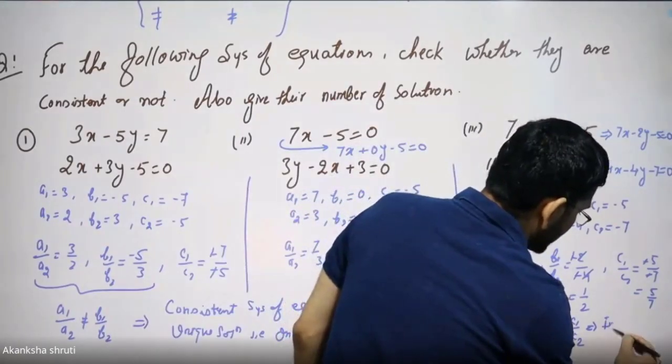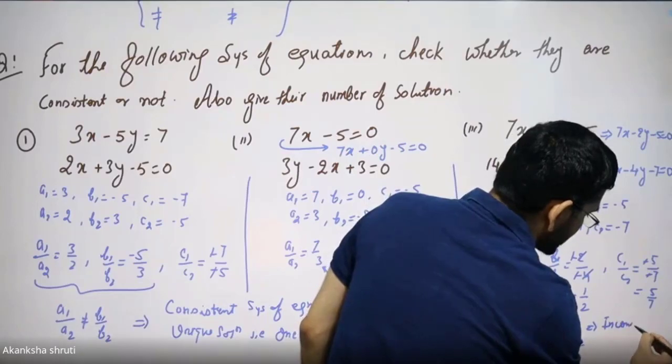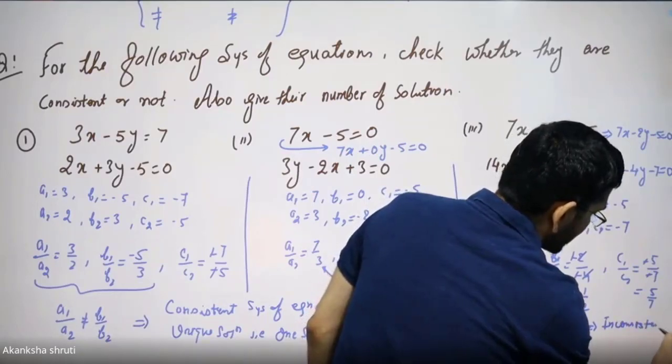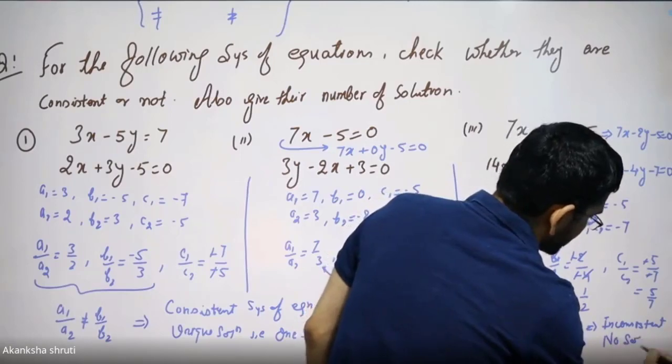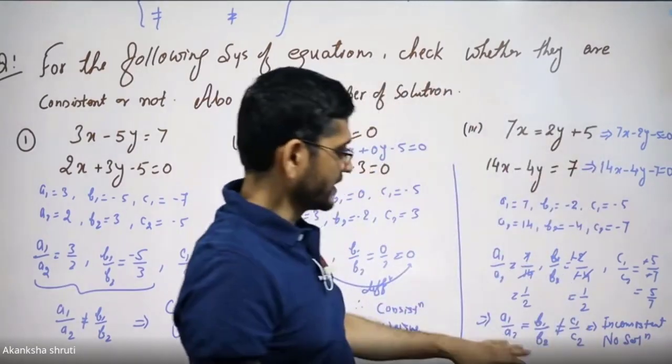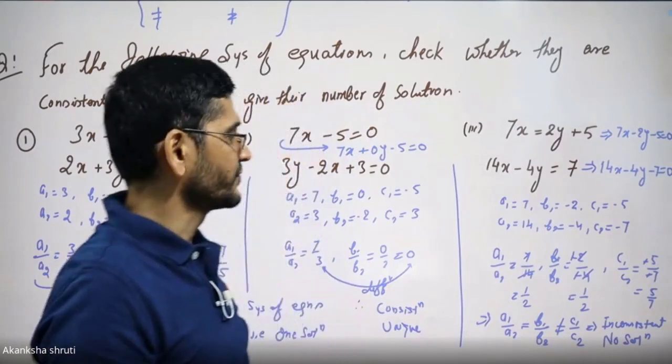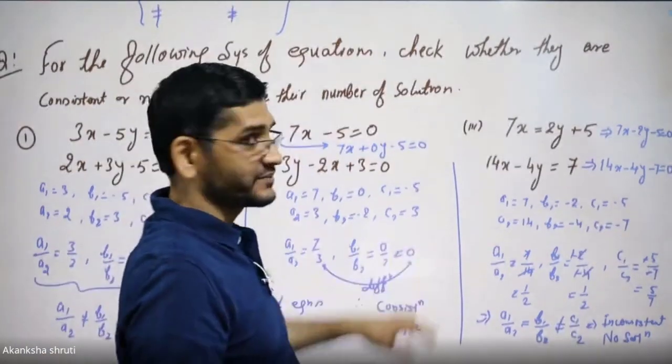So two things: it is an inconsistent equation, and the other one is no solution. So both of the things are concluded from here. So I hope it is very simple. Let me take just one more question, then I will stop the question.